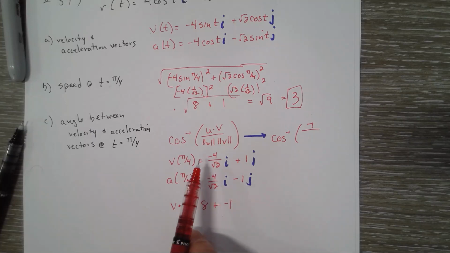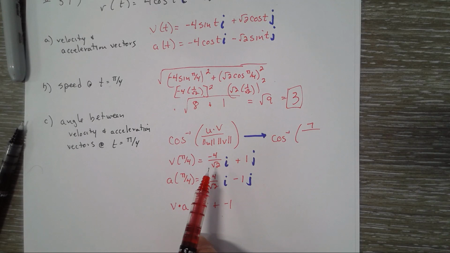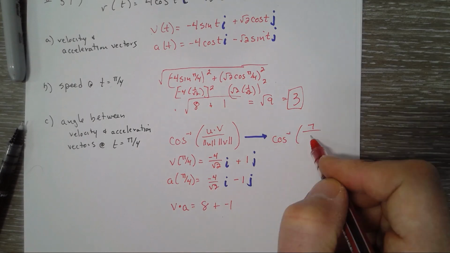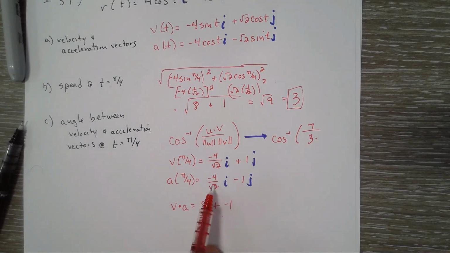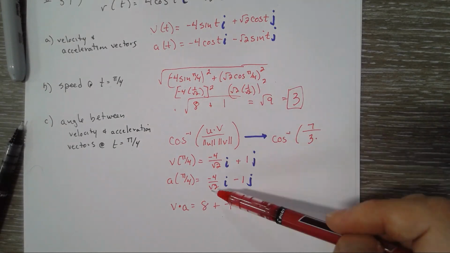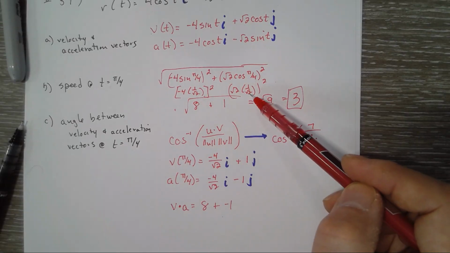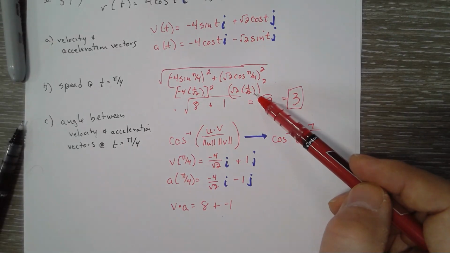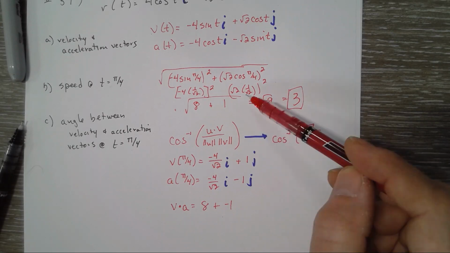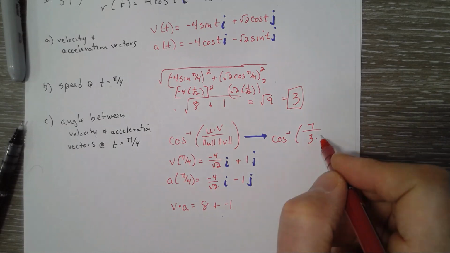Okay, so it would be v magnitude, which we already know is 3, times this magnitude. So square root of this: this squared is still 8, and negative 1 squared is still 1, so 8 plus 1, we still get 3, so 3 times 3.